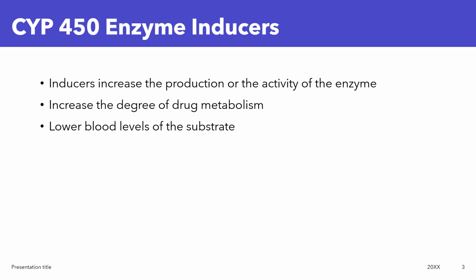Okay? Now imagine you have a drug that is a substrate of an enzyme. So that means the drug is metabolized by that enzyme. And then now imagine that you have an inducer of that same enzyme. What will the inducer do? What it will do is that it will increase the production or the activity of that enzyme.